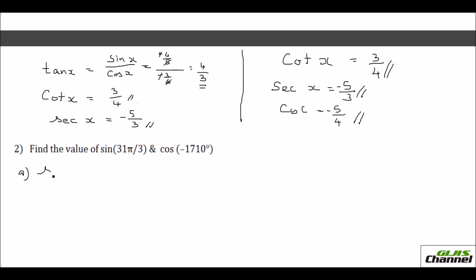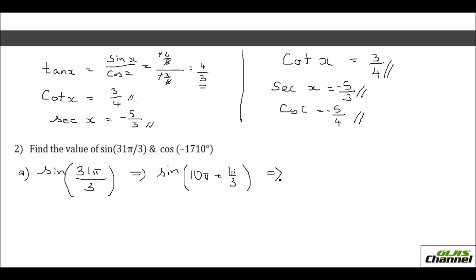This is sine 31 pi over 3, right? Since it is an improper fraction, let me make it a proper fraction. So this implies it is sine of 10 pi plus 1 pi over 3. Okay, this 10 pi is complete rotation, right? When it is even, it is complete rotation.